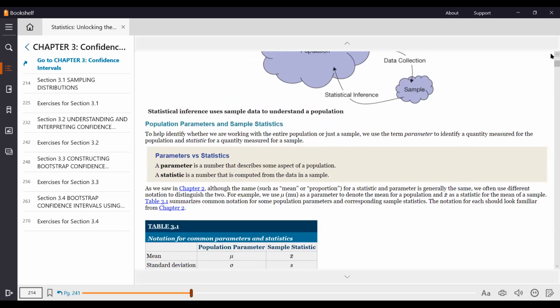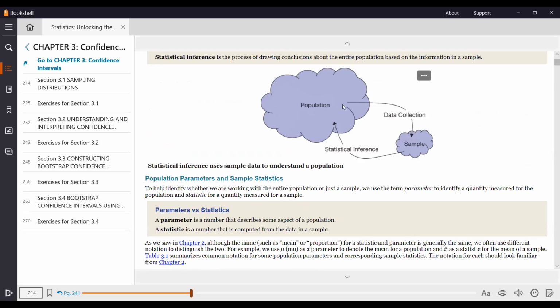And how are we going to estimate it? We're going to use the sample proportion, people in our sample who like candidate A. That proportion in the sample is called a statistic because it is a number that is computed from the data in a sample. So when I say the sample proportion, I'm referring to what's called a statistic. And when I'm talking about the population proportion, I'm referring to a parameter.